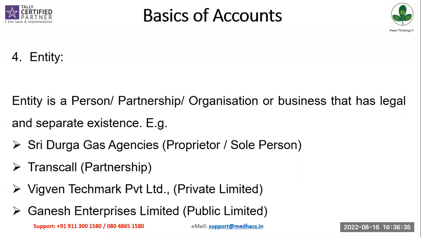Or it might be Ganesha Enterprises Limited, which is a public limited company. Or it might be a trust, or an NGO, registered under different kinds of statutory norms, but these are all separate entities, is what you need to understand.